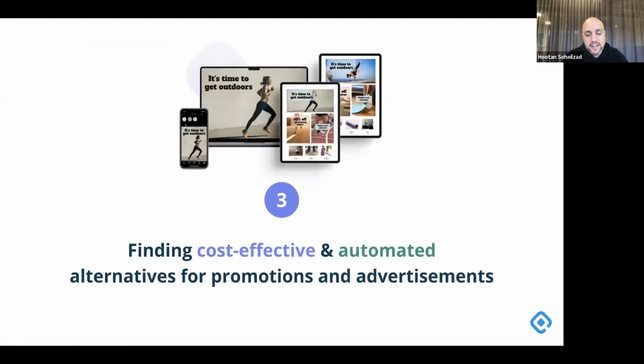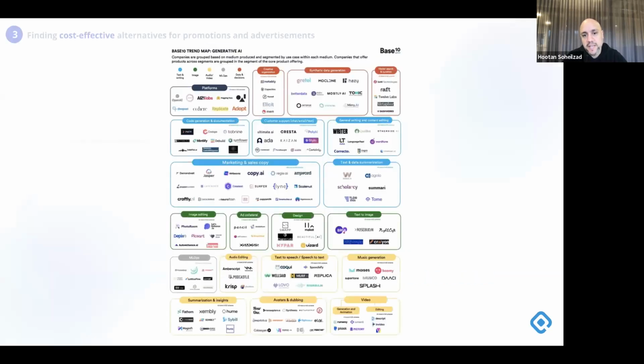And the third topic was finding cost-effective and automated alternatives for promotions and advertisements. So basically, what we would like to highlight here is trying to use and understand what you can do with AI tools and machine learning.